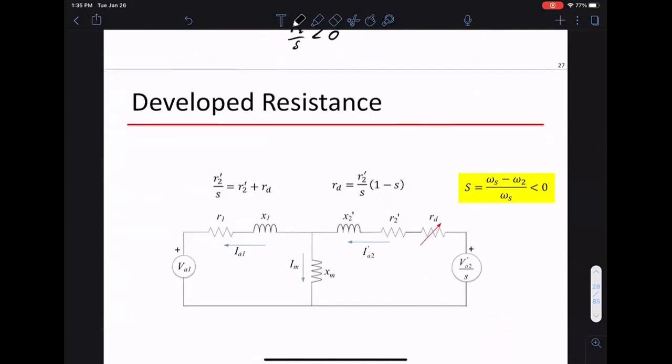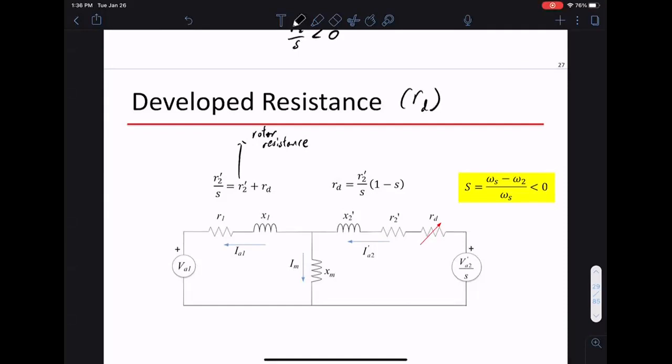Notation-wise, it's often easier to separate out R2 prime over S into two parts: R2 prime plus RD. R2 prime is just the rotor resistance; you can think of it as the physical resistance in the rotor, the wire resistance if you want.